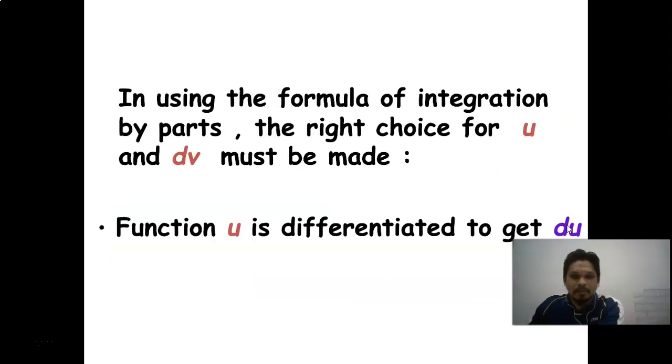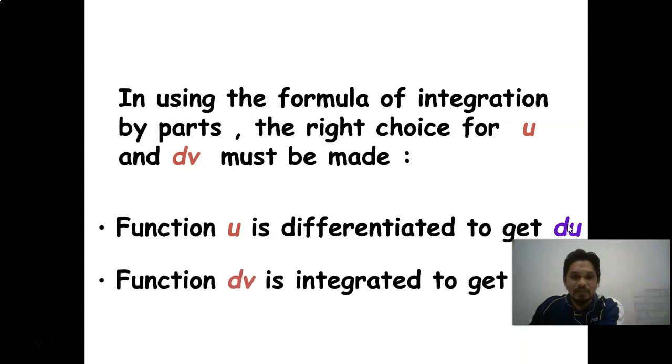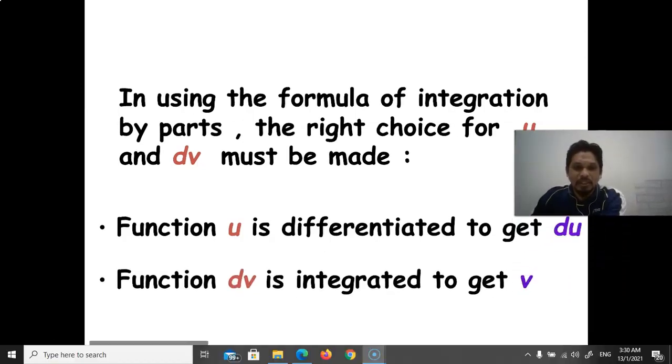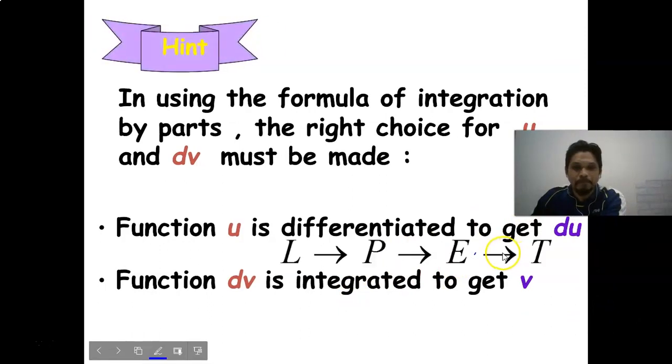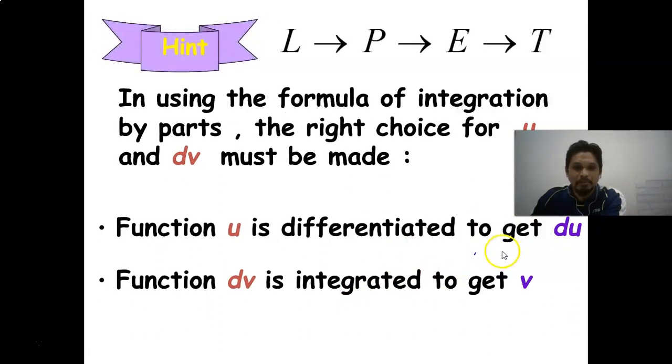Using the formula of integration by parts, the right choice for u and dv must be made. Function u is differentiated to get du, and function dv is integrated to get v. LIPET, or rather L-P-E-T, is just a hint, a guide you can use.